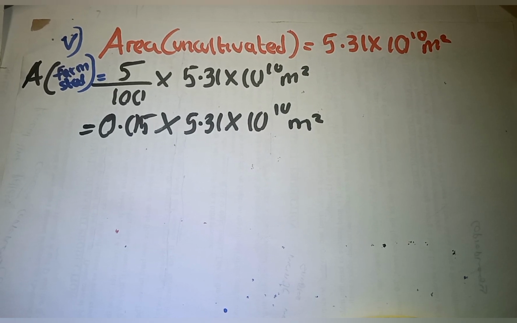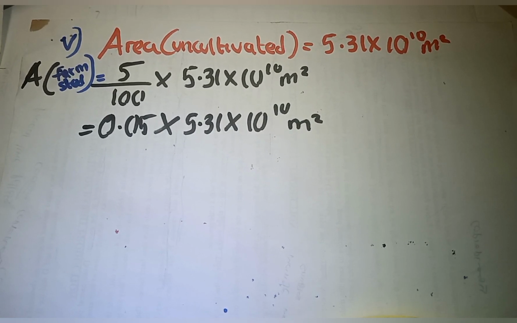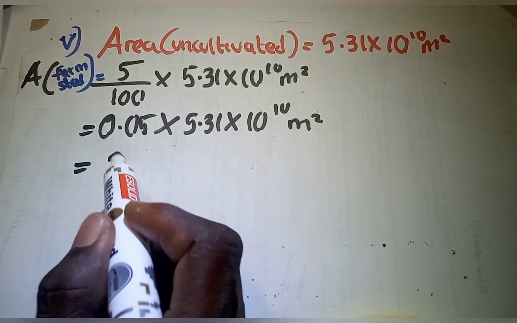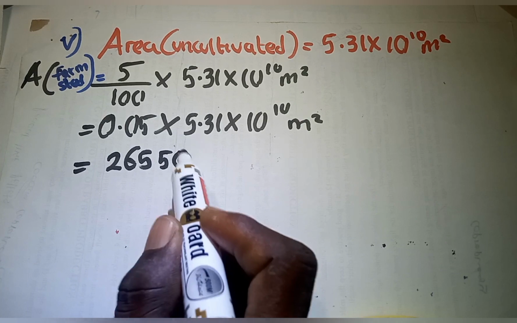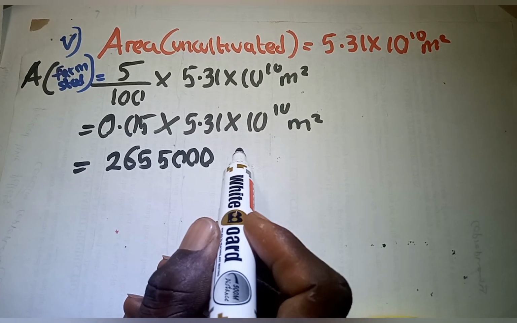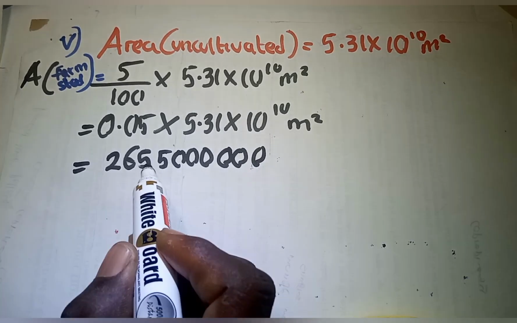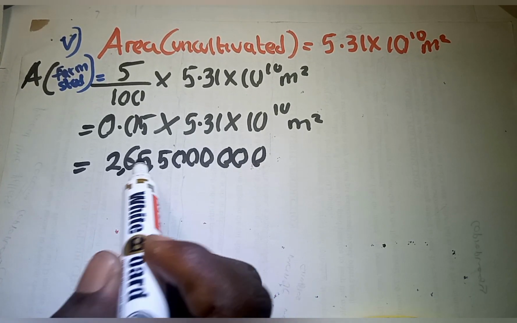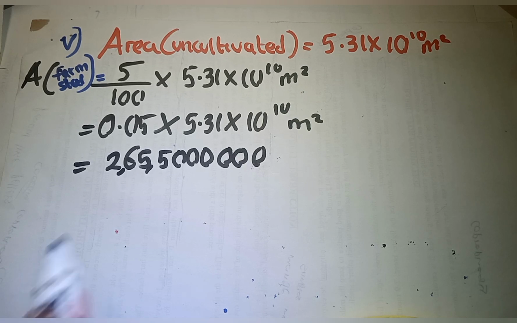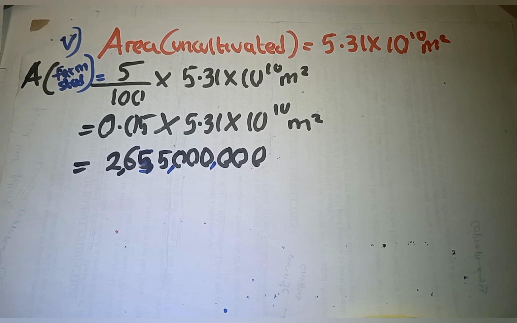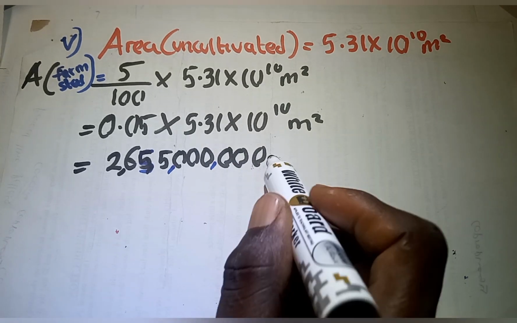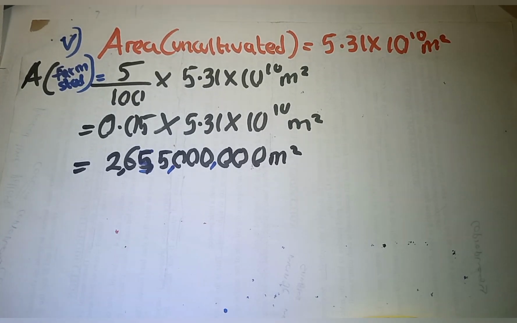That gives me 2.655 times 10 to the power of 9. Okay, don't forget your unit, that is meter square. So this is the area that is used for constructing the farmstead.